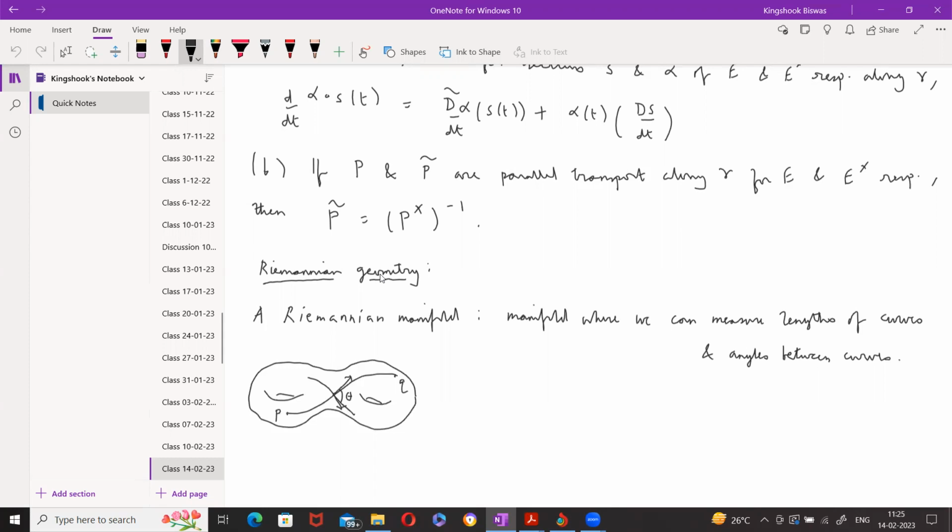However, when can we define angles in a vector space? What structure do we need? An inner product, right? So this suggests that we should have on each tangent space T_P M an inner product.